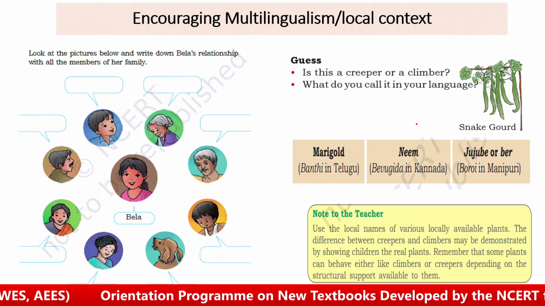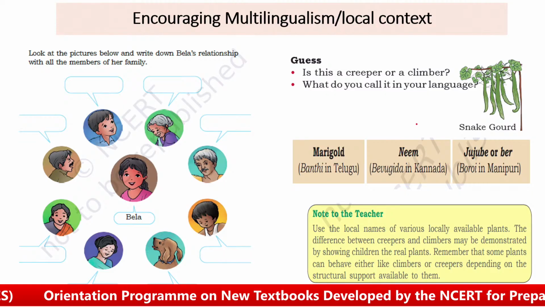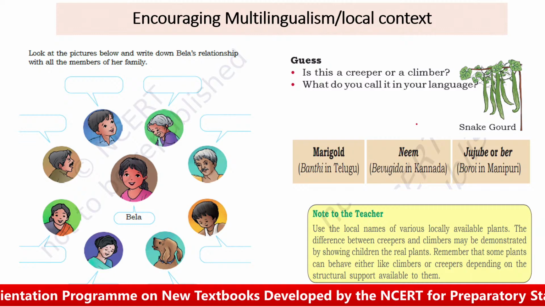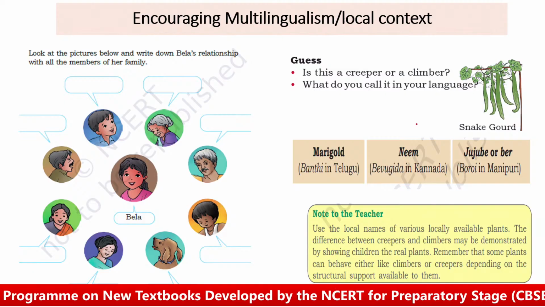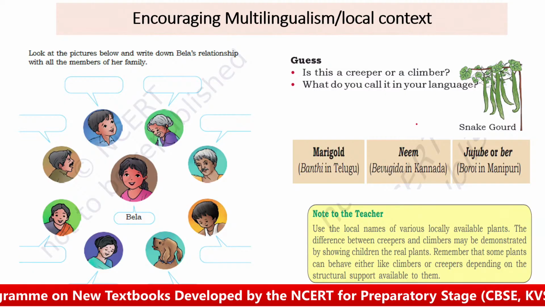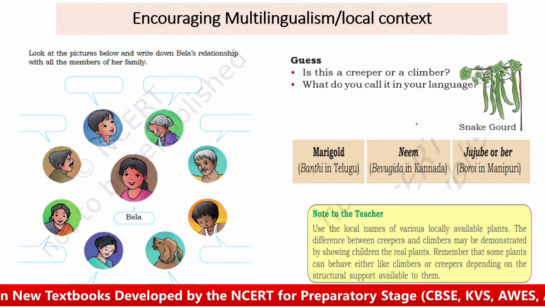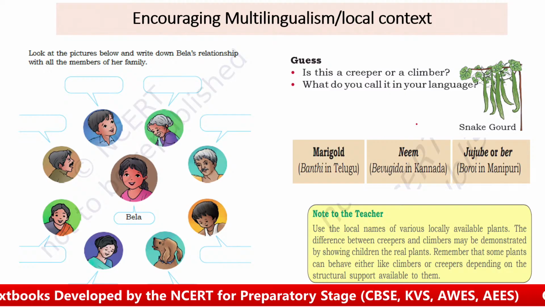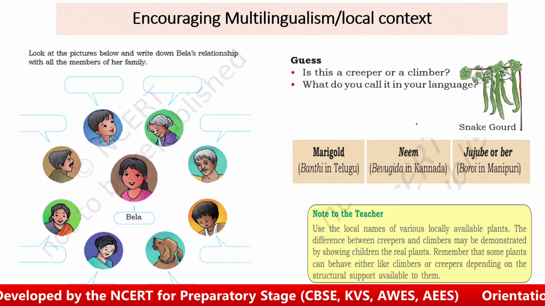So these things can also be part of the assessment, and we have also provided a note to the teacher on how these things have to be transacted in the classroom, like use the local names of various locally available plants. The difference between creepers and climbers may be demonstrated by showing children the real plants. Remember that some plants can behave either like climbers or creepers depending on the structural support available to them.